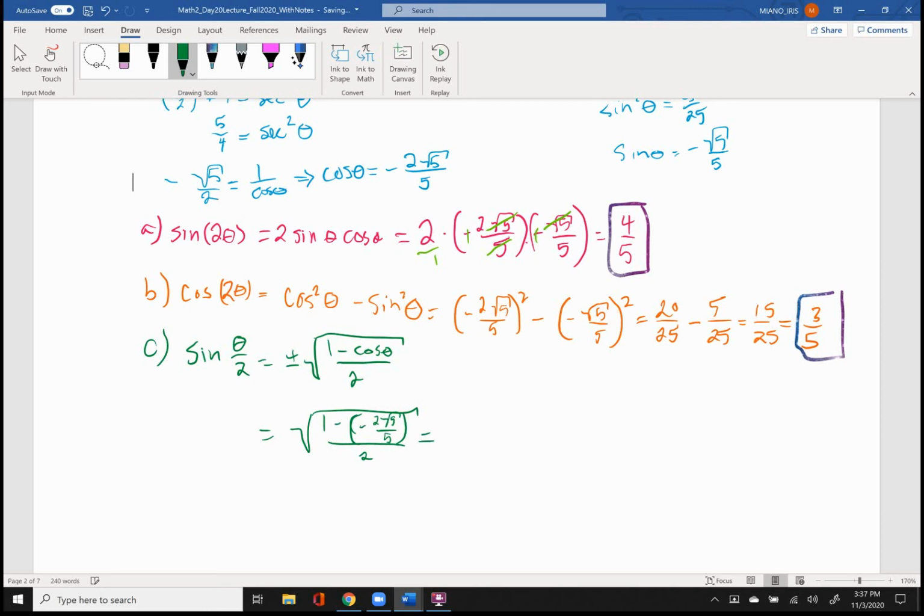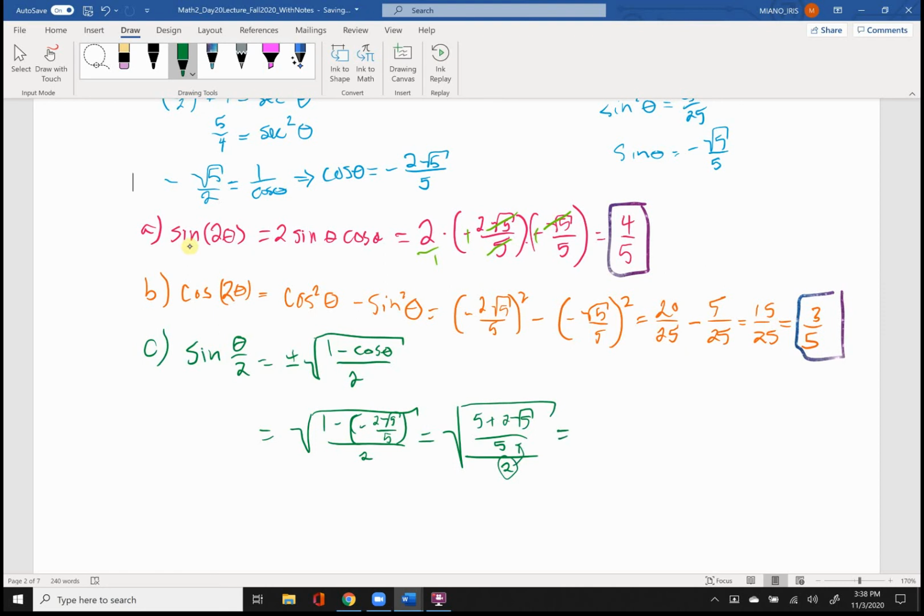And then here we will go ahead and have a common denominator for the stuff that's going on in the numerator inside of the radical. So that'll be giving us a 5 plus 2 root 5 over 5, but then that's all over 2. So it's kind of like the 2 slips in, so to speak, to the denominator there. And we could talk about that more in class if you like.